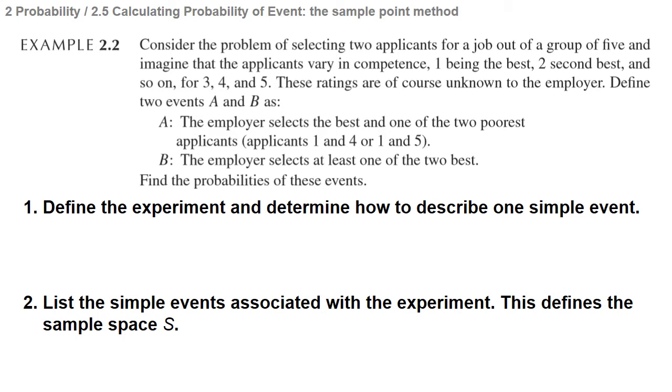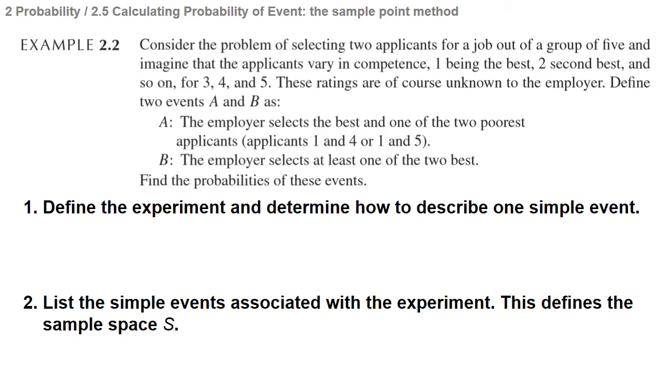Event B is the employer selects at least one of the two best, so it will select either the first applicant or the second applicant. The problem is to find the probabilities of these events, event A and event B.